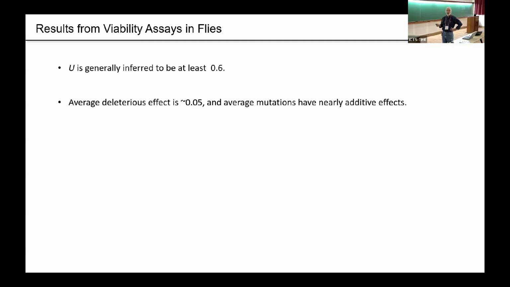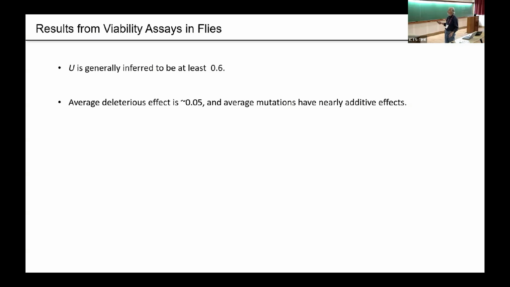So this is going back to the Mukai data. What they concluded was that this is just for viability. The diploid genomic deleterious mutation rate they suggested was at least 0.6 per generation. So they're extrapolating over the whole fly line now, not just one chromosomal segment, but that means that roughly 60% of newborn flies would have a mutation affecting viability.